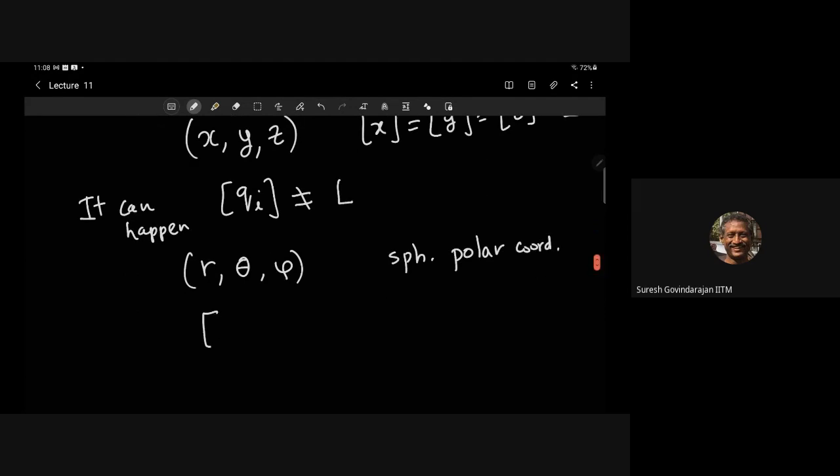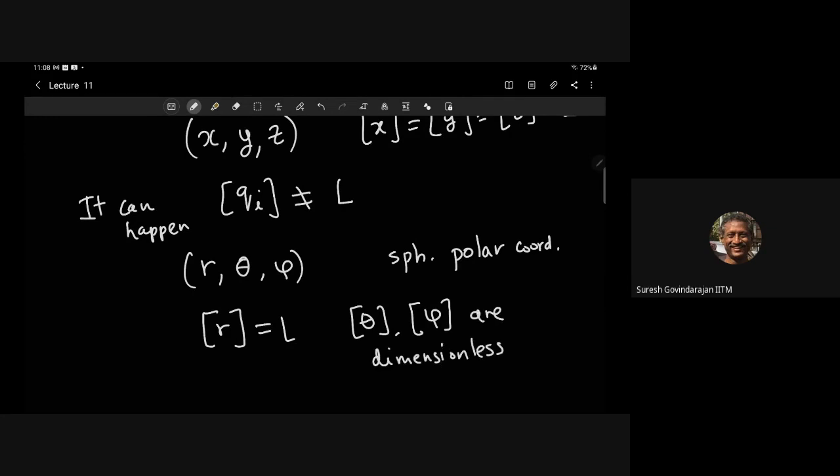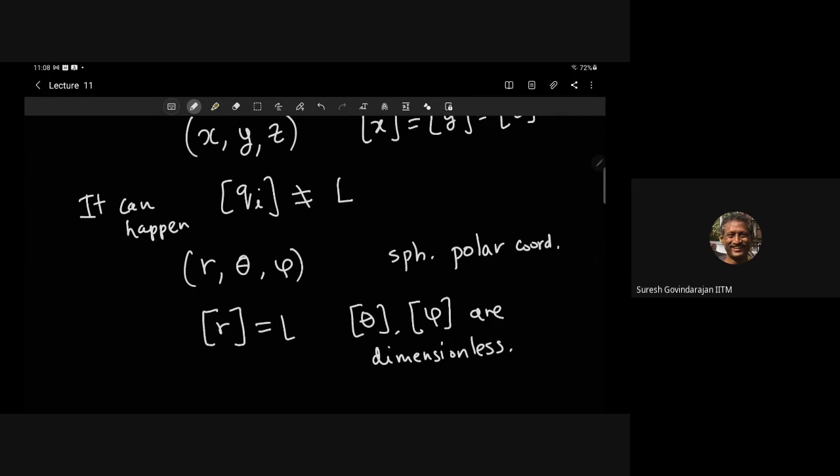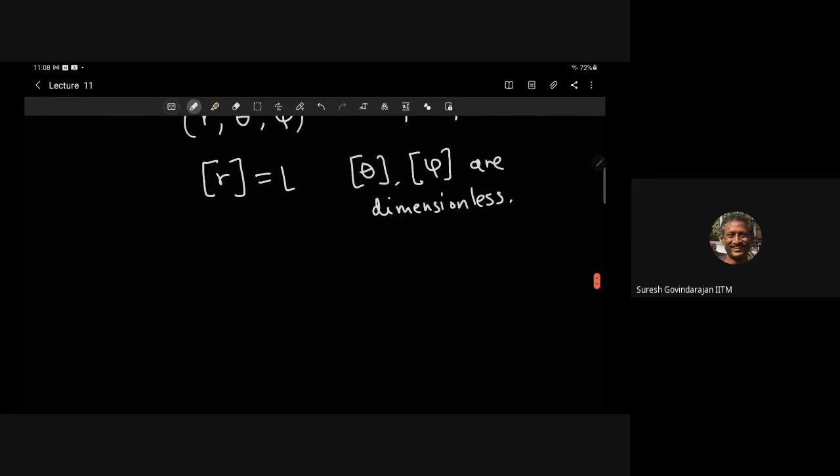What is the physical dimension of r here? Anybody? Length. But theta and phi are angles, they are dimensionless.